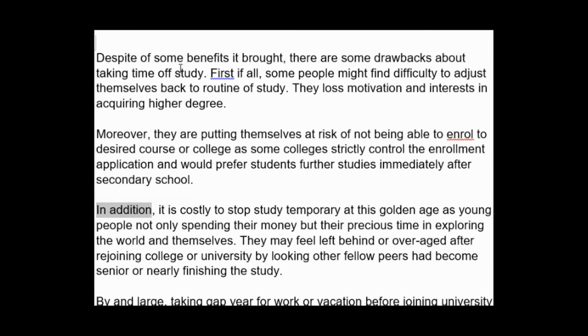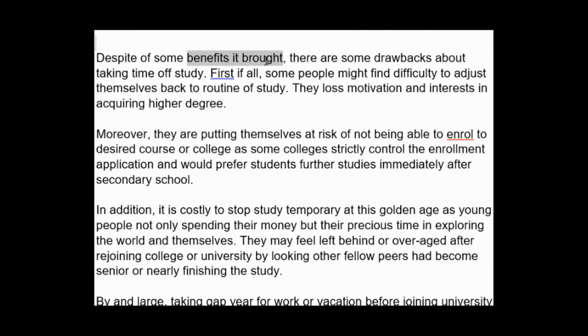Okay, so here, despite of some benefits it brought, now we just finished talking about the benefits, so why not replace the some with these? So despite these benefits it brought, I don't know why this is in the past tense again. This person uses past tense all over the place, but it should be present tense.